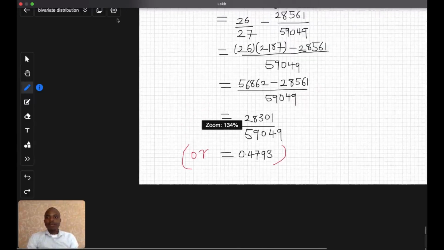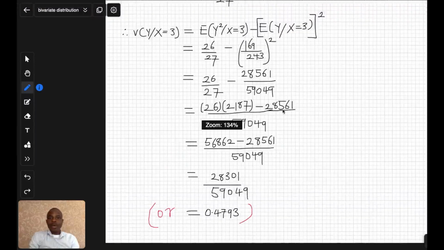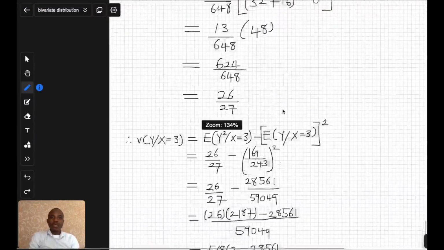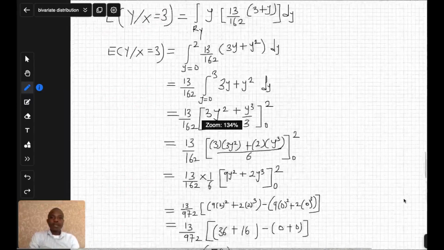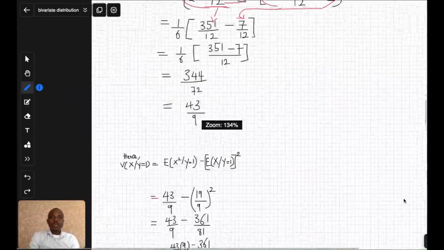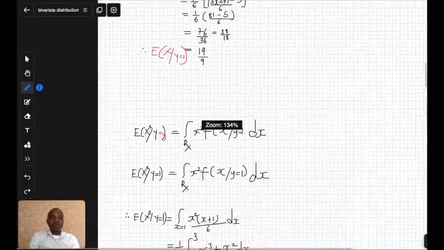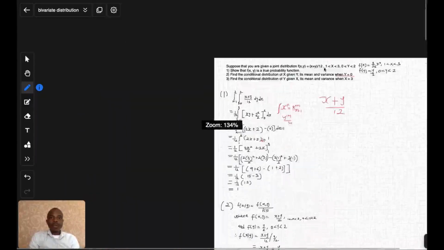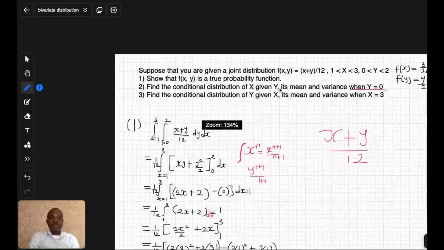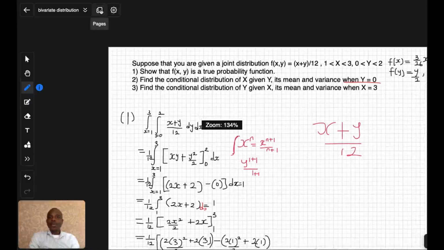All right, so with that, we are actually done with the question. We have obtained all that was demanded of us. We were told to obtain the conditional distribution of x given y, its mean and its variance when y is equal to 0, and also the conditional distribution of y given x, its mean and its variance when x is equal to 3, and we've done all of that.